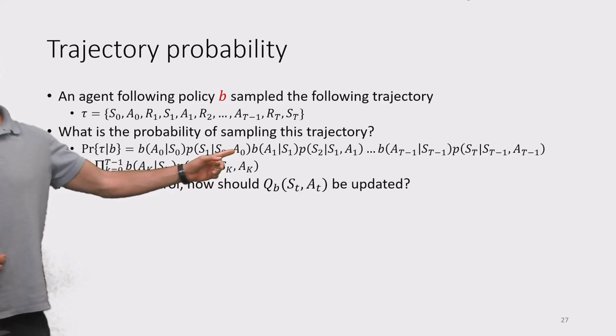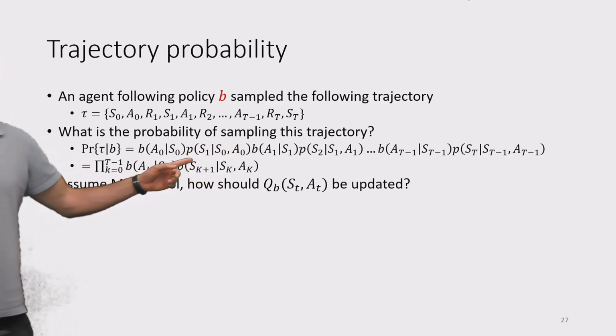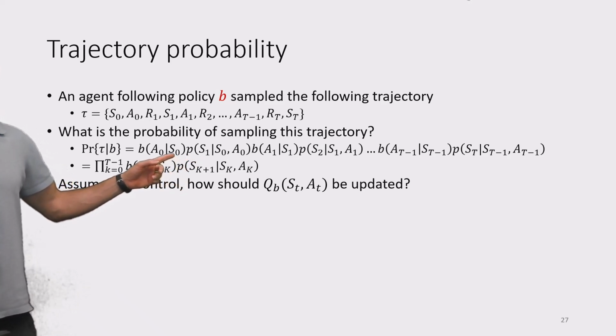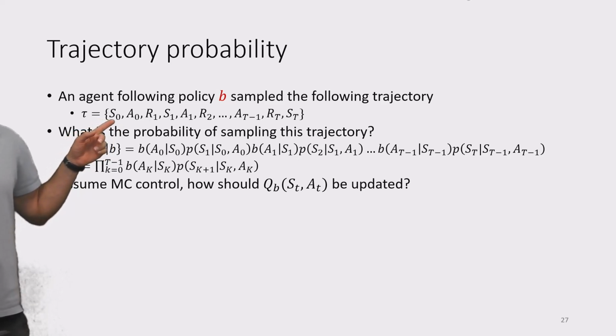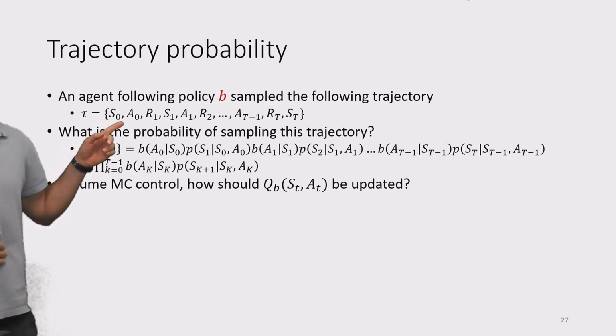So these two probabilities, multiplying them, will define the probability of our first transition, right? Transition at time step 0.